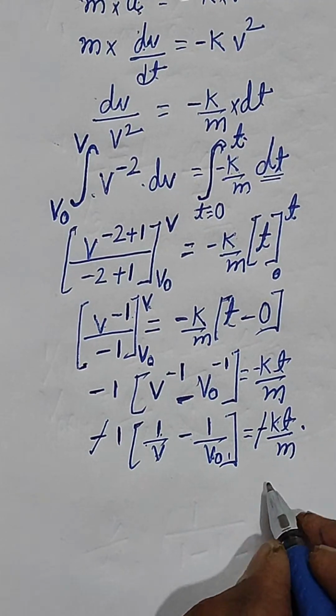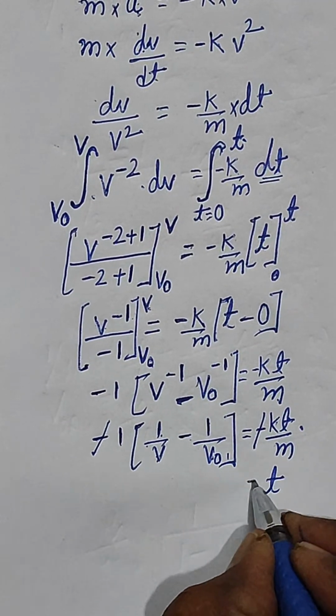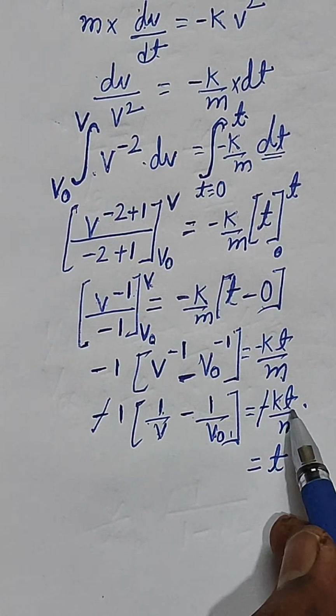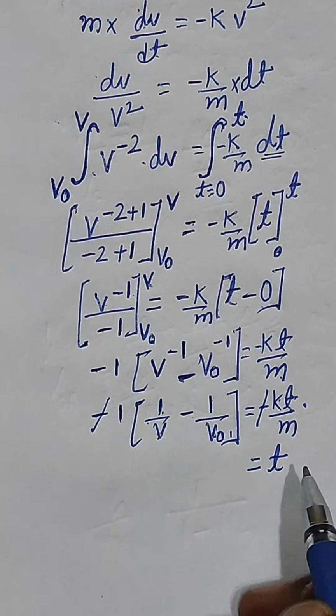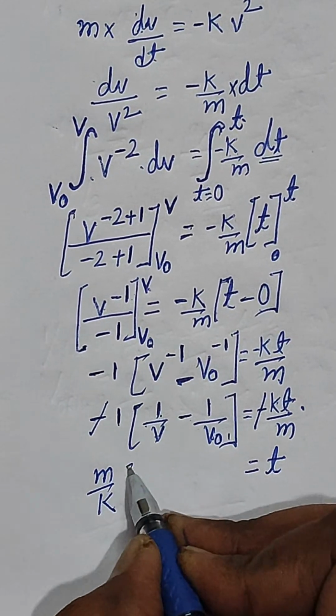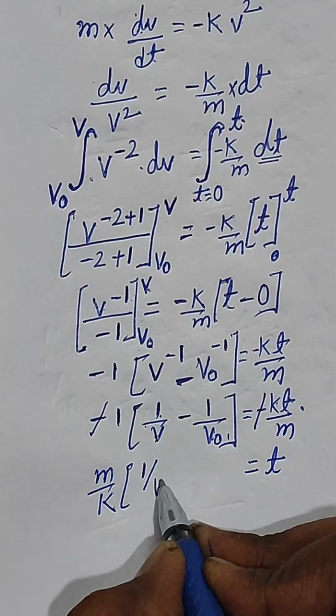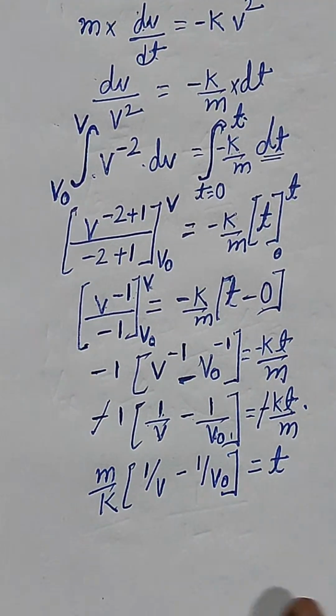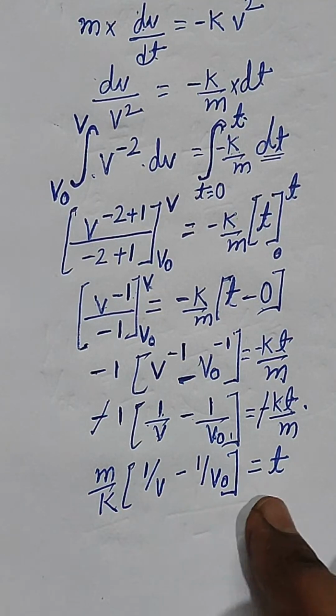So the time required to travel, just keep t into the RHS, and m by k here will become 1 by v minus 1 by v0, isn't it? M by k, 1 by v minus 1 by v0.